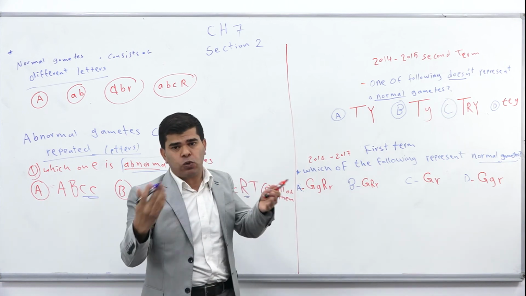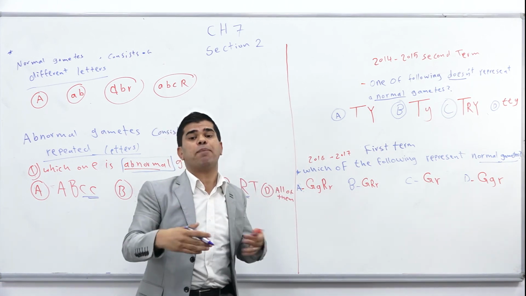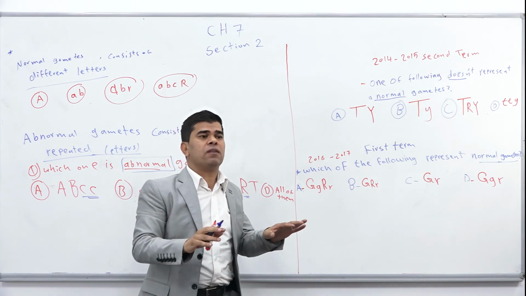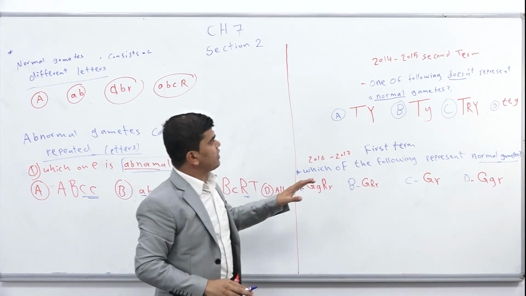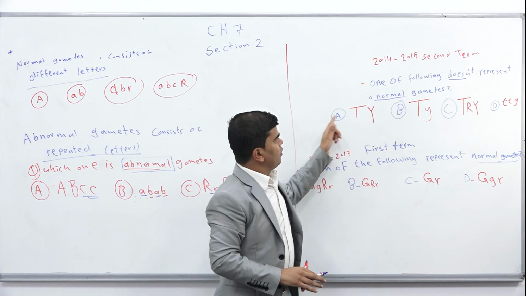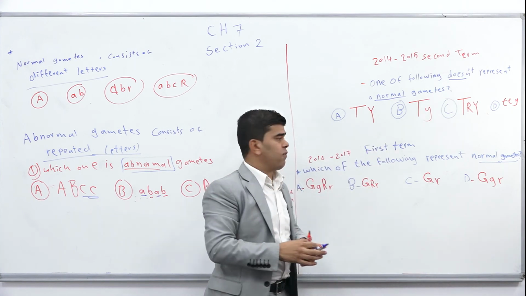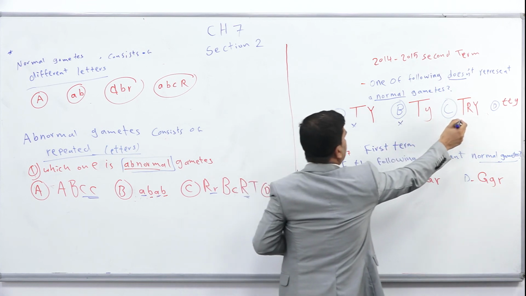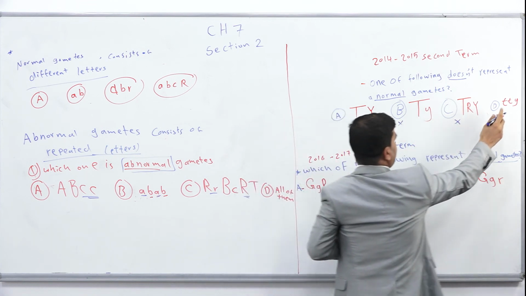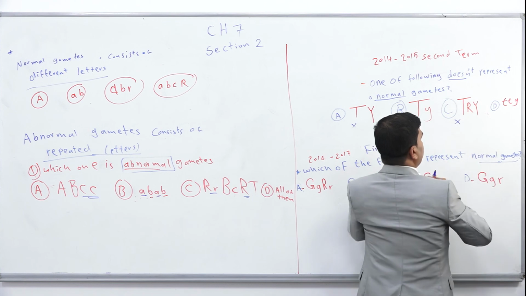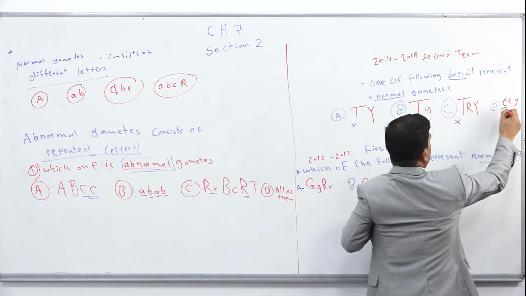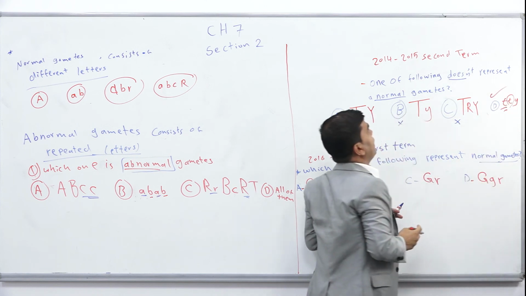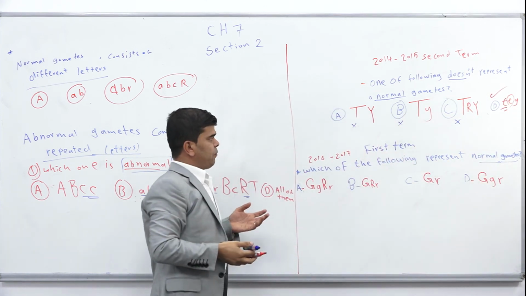It doesn't represent a normal gamete, which means an abnormal gamete. What is an abnormal gamete? Without hesitation, just look for which ones have a repeated letter. Is this a repeat? No. Is this a repeat? No. Is this a repeated letter? No. This one contains two T, this one and this one. So this one is the abnormal gamete.